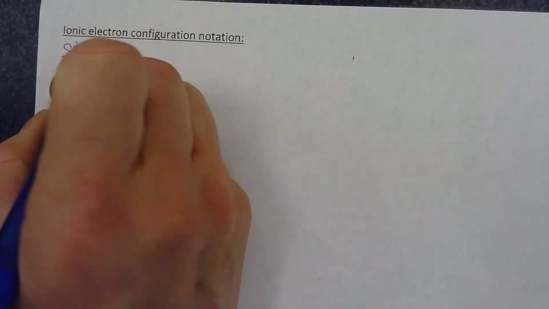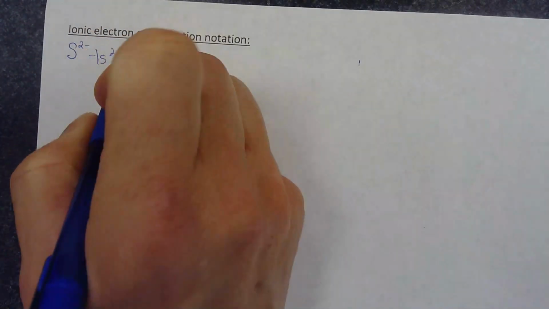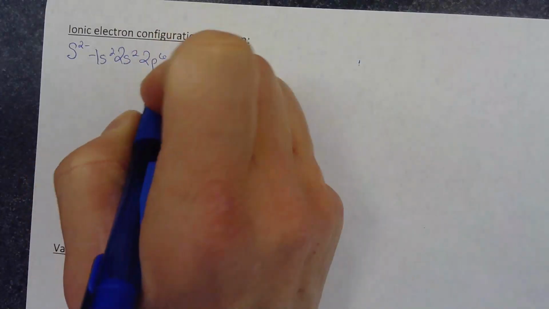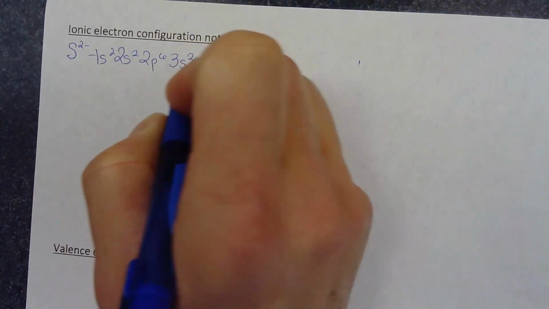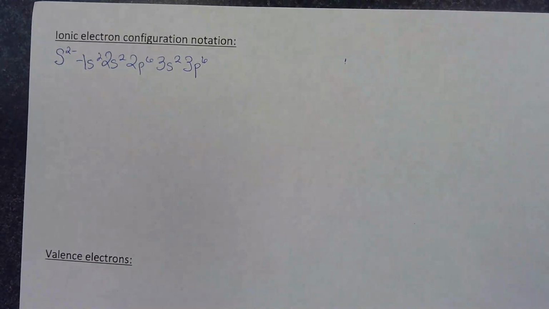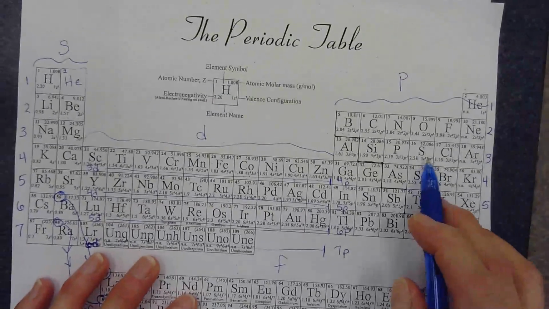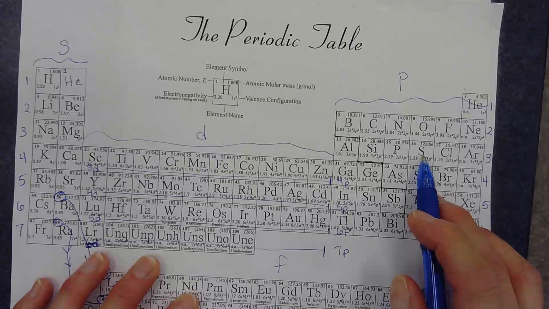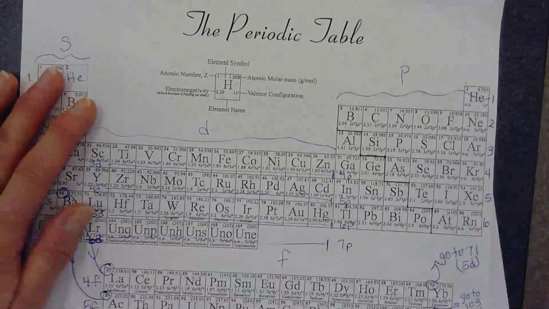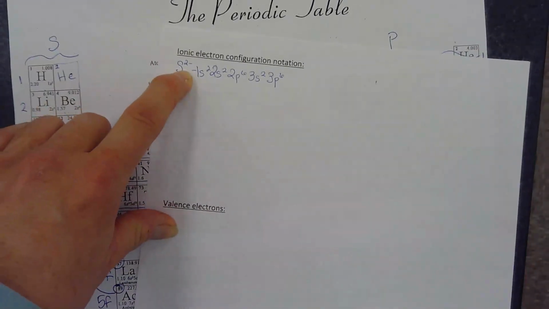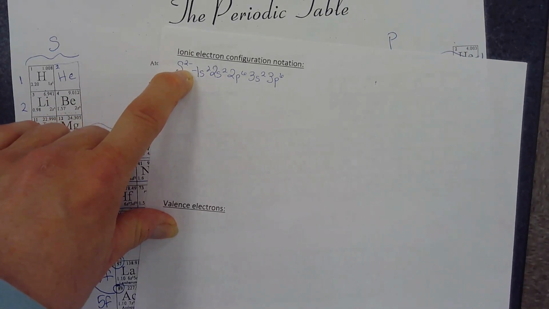So you draw the electron configuration notation. What do you have? 1s2, 2s2, come on, 2p6, 3s2, 3p6. Yes or no? Are we understanding this? Talk to me. Not understanding it? Let's look back at the periodic table. When sulfur becomes an ion, I've told you it has a -2 charge, which means it's gained 2 electrons.